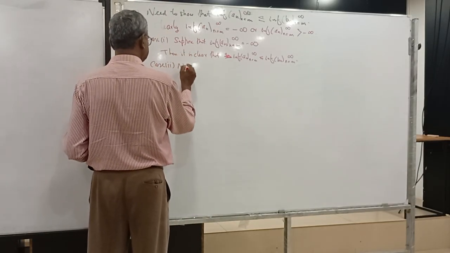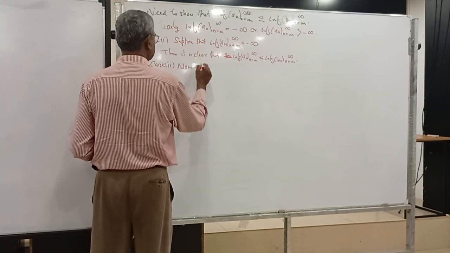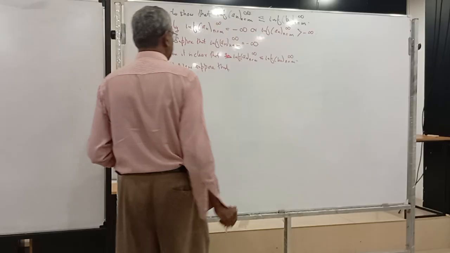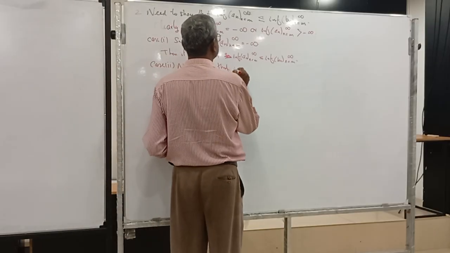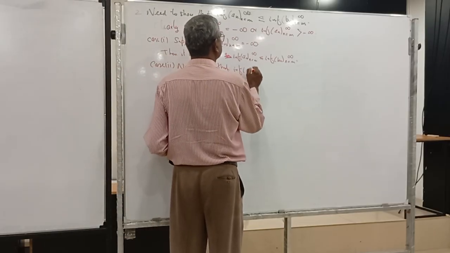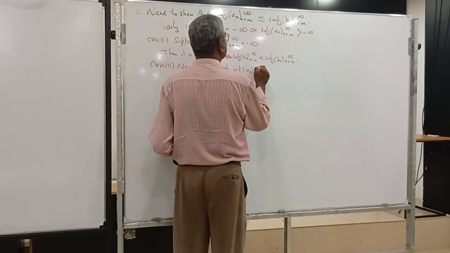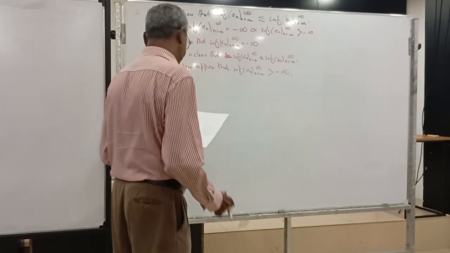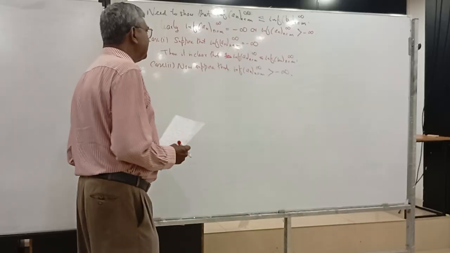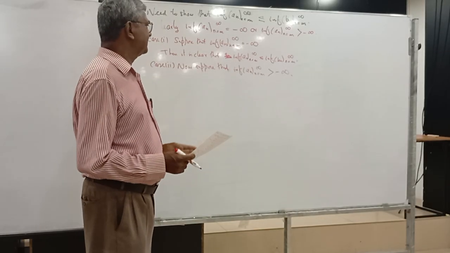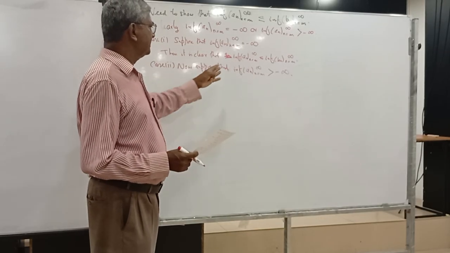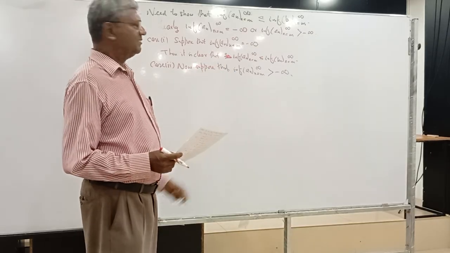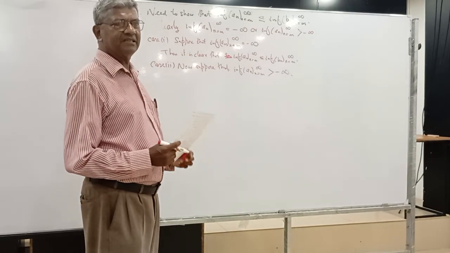Case 2. Now suppose that inf a n, n going to infinity, is strictly greater than minus infinity. Then if it is greater than minus infinity, it is a real number or it is plus infinity. But it will never be plus infinity.